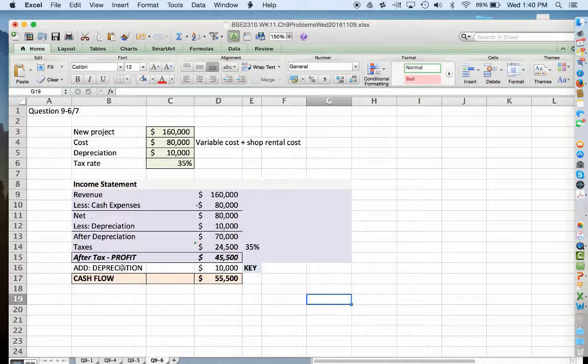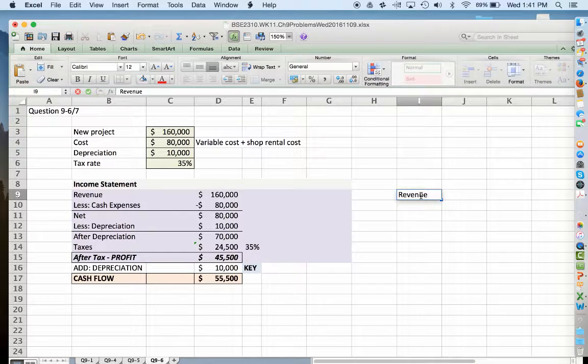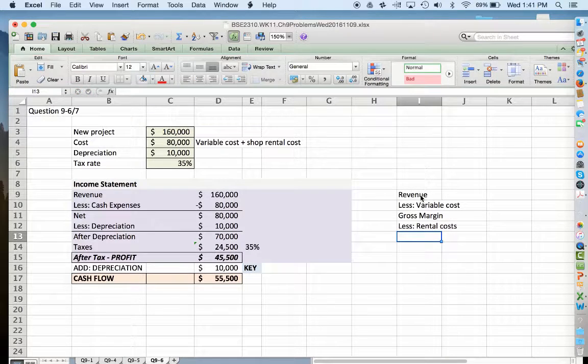Now, if I was doing my P&L a little bit more substantially, I would do revenue less variable cost to get gross margin, and then less rental costs to get something we'll call operating margin, less depreciation.